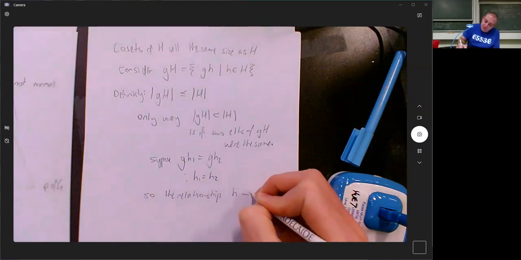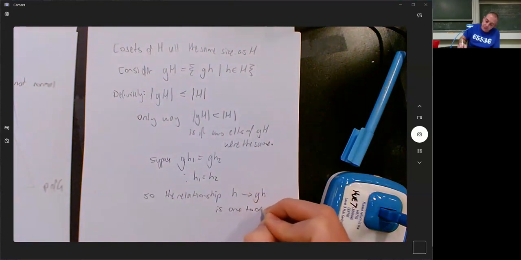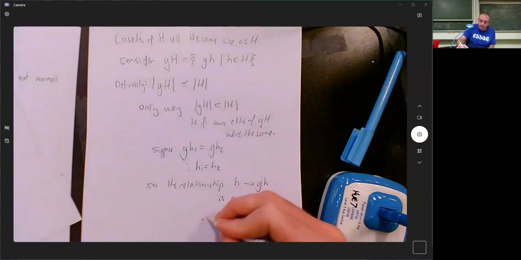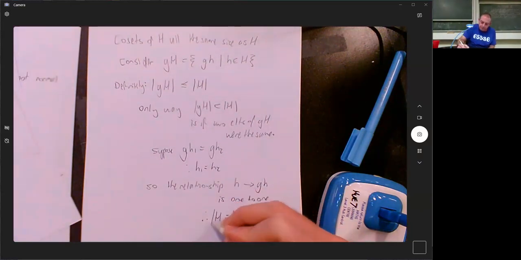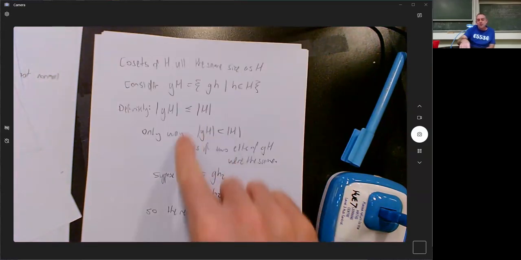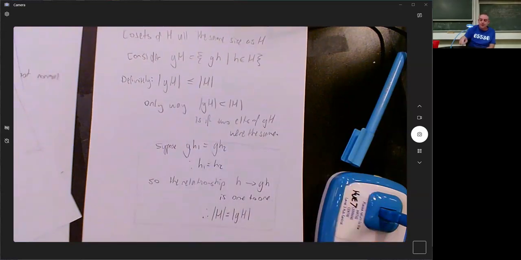The relationship h goes to gh is 1-to-1, and therefore they are the same size. Cool. So this bit here is probably not important. It's this bit here that would be the proof.